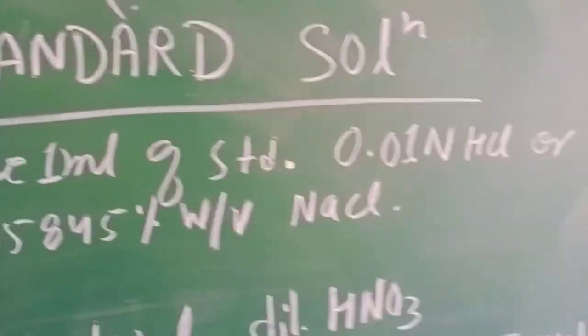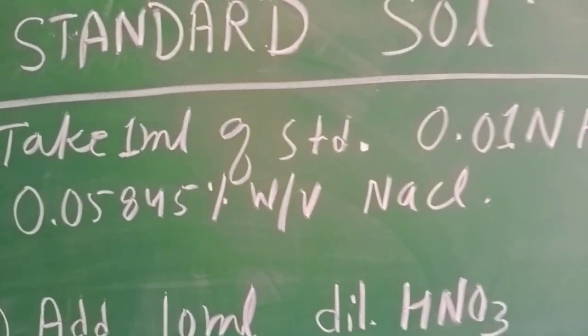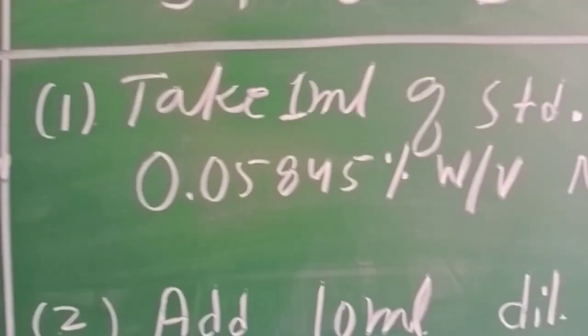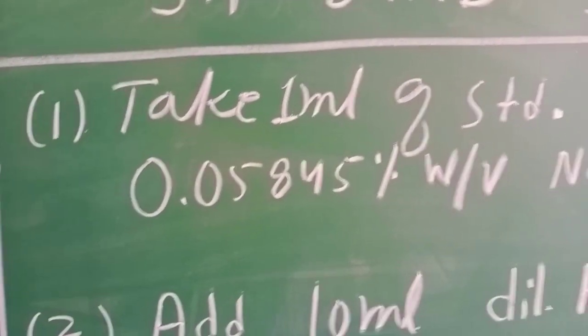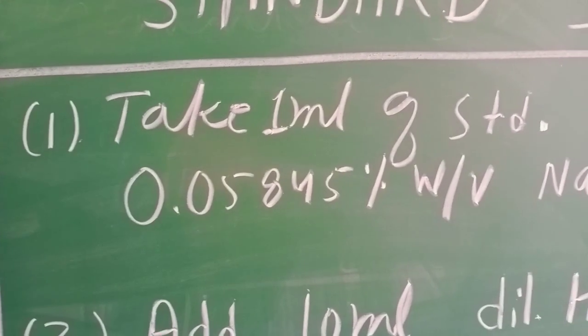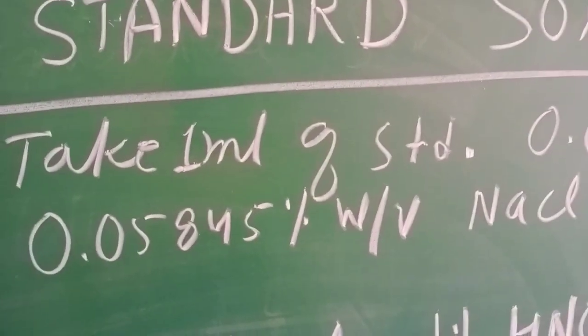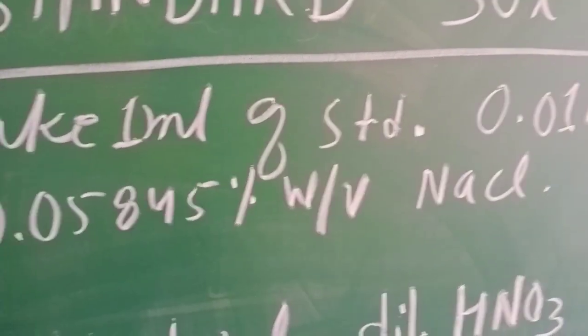Or if we are using sodium chloride as a standard, we have to use 0.05845% weight by volume of sodium chloride.